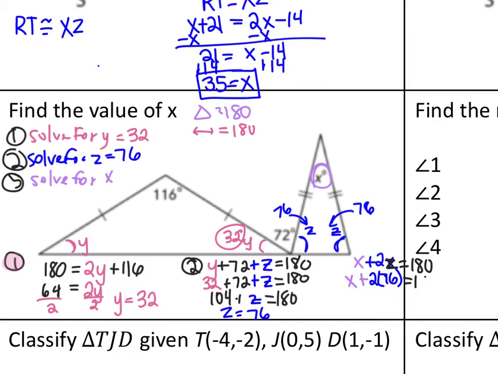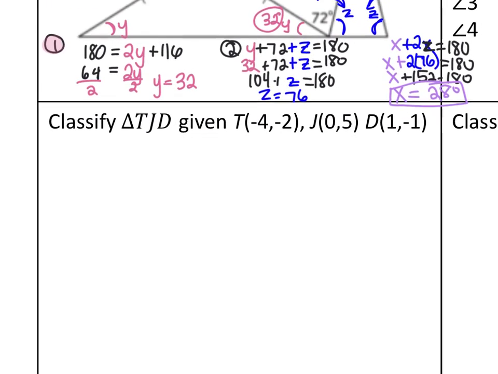That's going to leave me with x plus 152. Right, and then when I subtract that, I'm left with x equaling a total of 28 degrees. Okay, so moving on to our next problem.